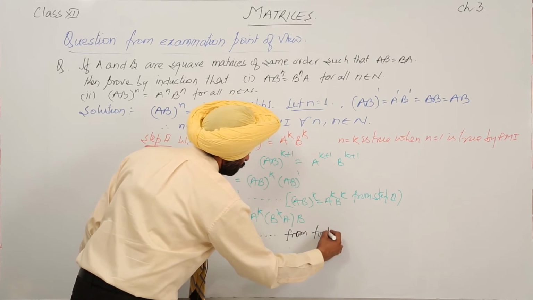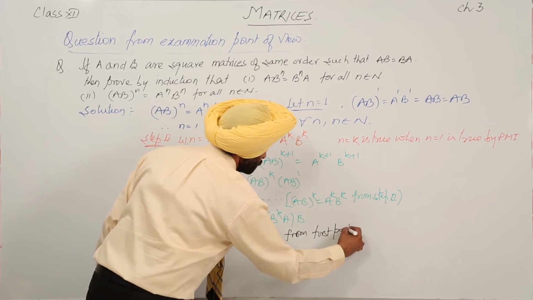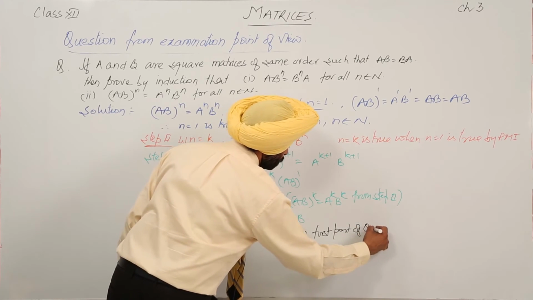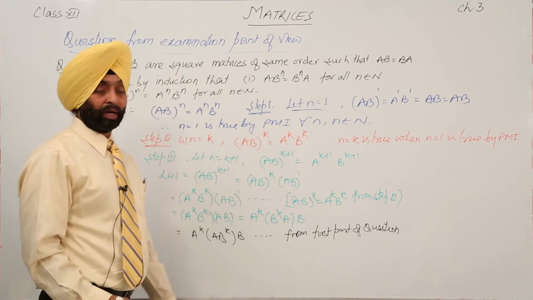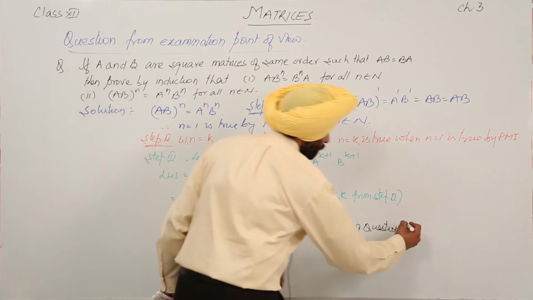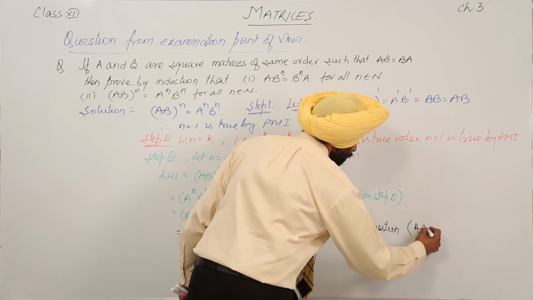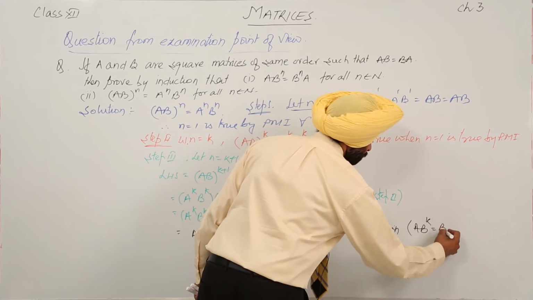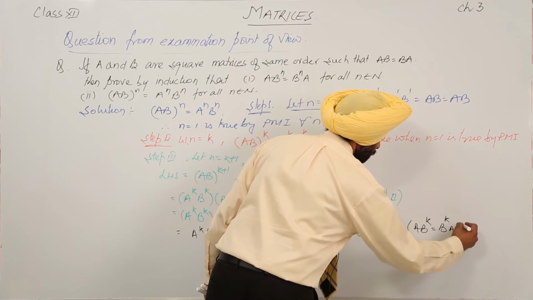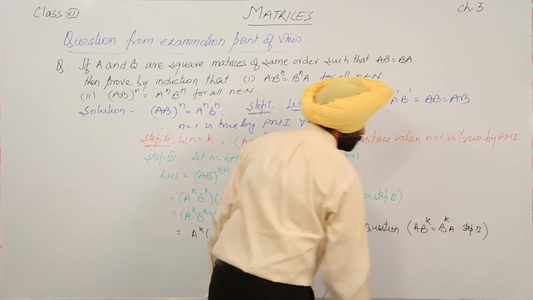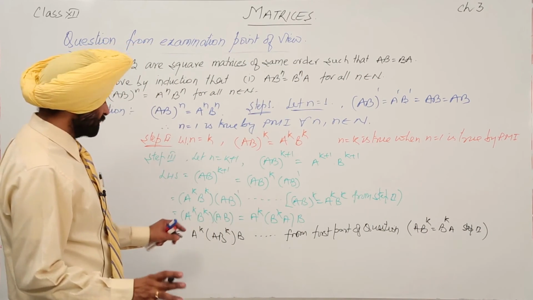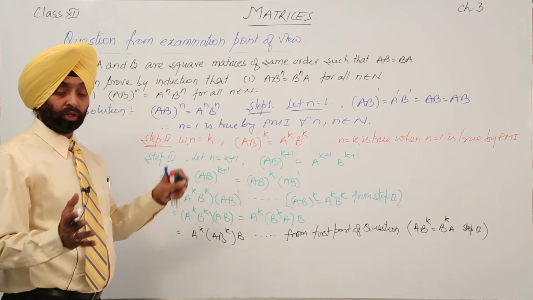Now we can write it from the first part of the question. What we did in the first part, it was A B^k is equal to B^k A. This was of step 2. Remember this thing because these two are continued questions.